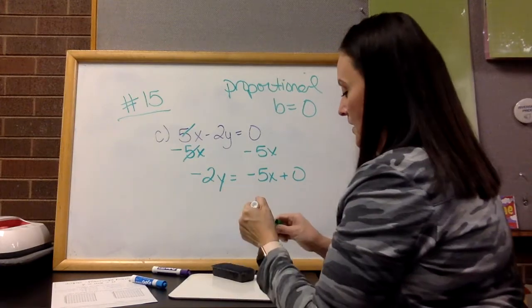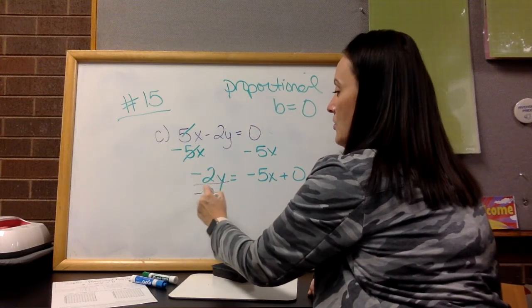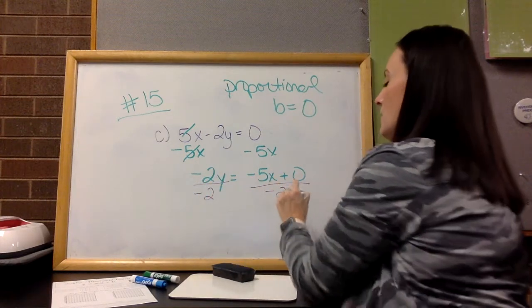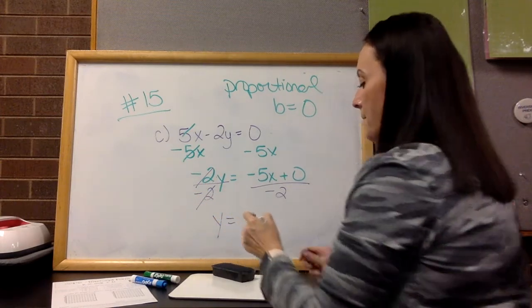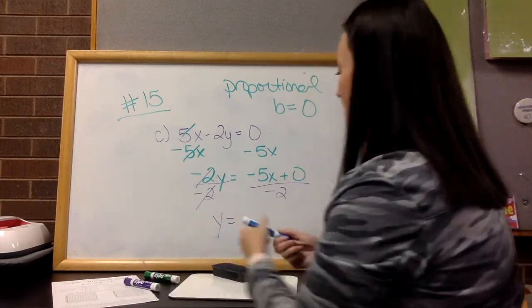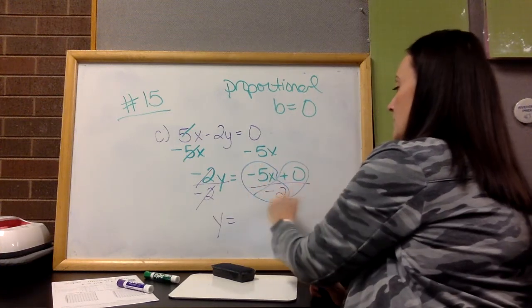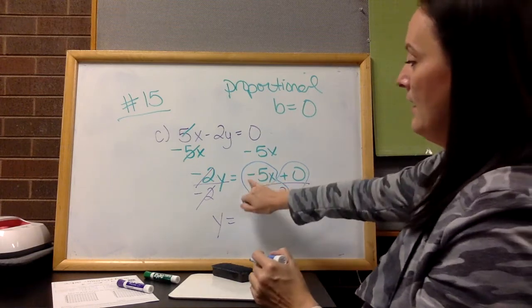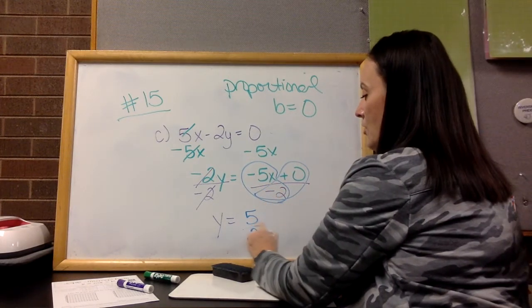The last step to this one, same thing we've been doing, is you're going to have to divide by negative 2 on both sides. So divide by negative 2. Negative 2 divided by negative 2 is going to give me my y. And then the last thing I got to remember is I have to divide that term by negative 2 and this term by negative 2. I have to do both. Negative divided by a negative is a positive. So I have 5 over 2x.